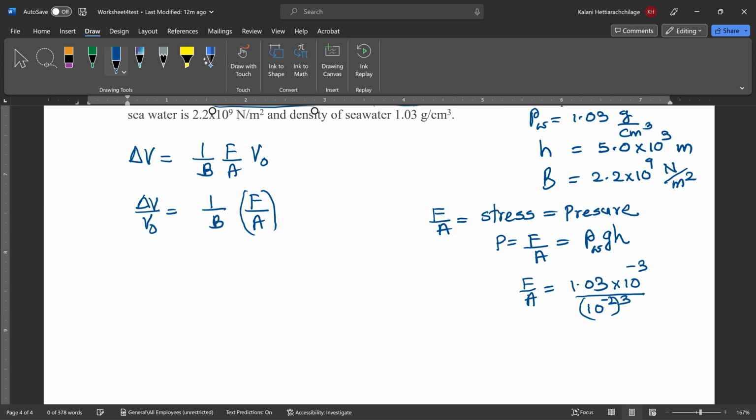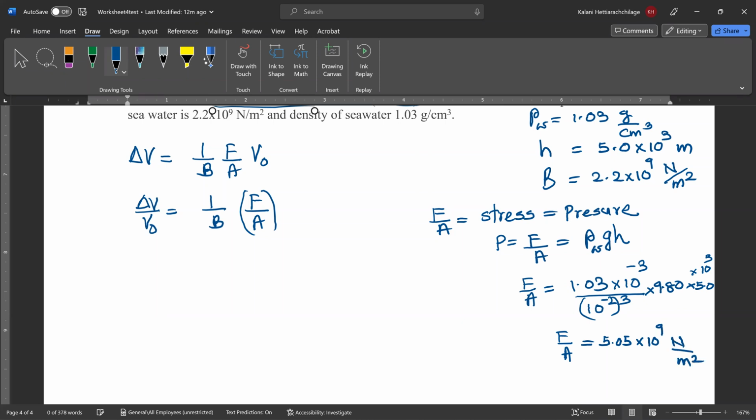You convert that yourself. So gram over centimeter cube, and g is 9.80 and H is 5.0 times 10 to the power 3 meters. Now everything is in SI units, and we're going to get F over A from this. F over A, I have 5.05 times 10 to the power 9 newtons over meter squared.